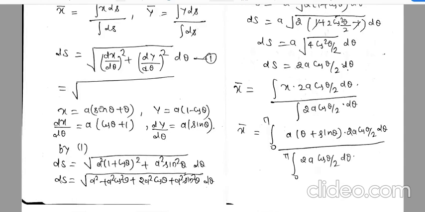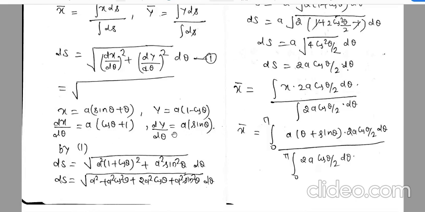Differentiating, dx upon d theta is a(cos theta plus 1), and dy upon d theta is a(0 minus minus sine theta), so minus minus will be positive, so we have a sine theta.